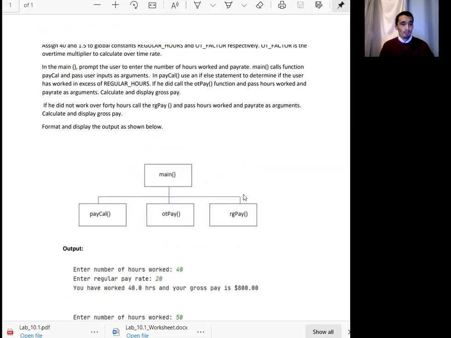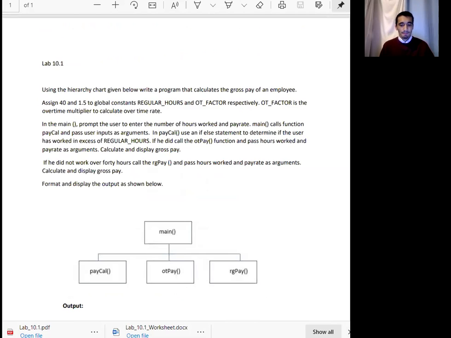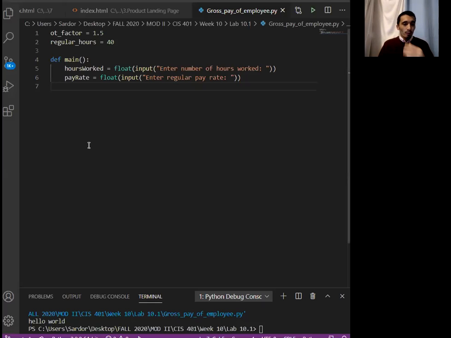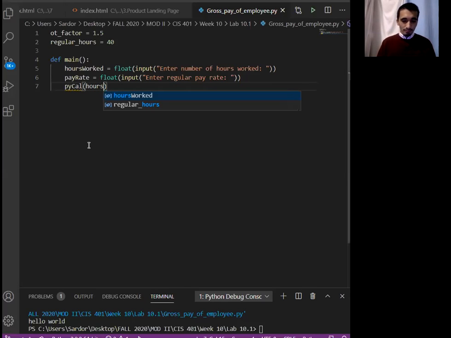Once again, we go back and we call on a function. Am I saying it right? Am I using the right keywords? Hope so. Hours worked, pay rate.